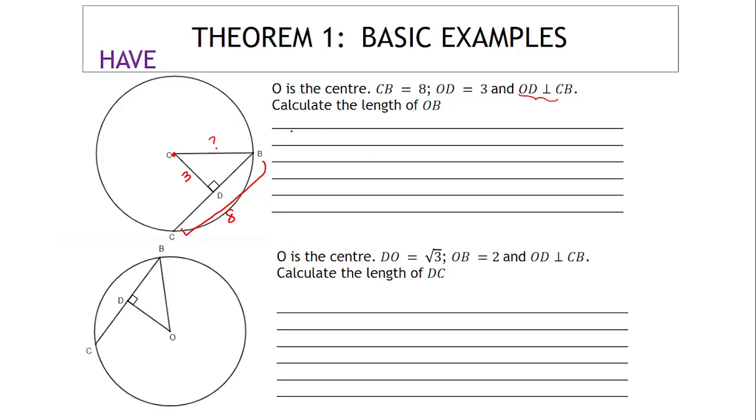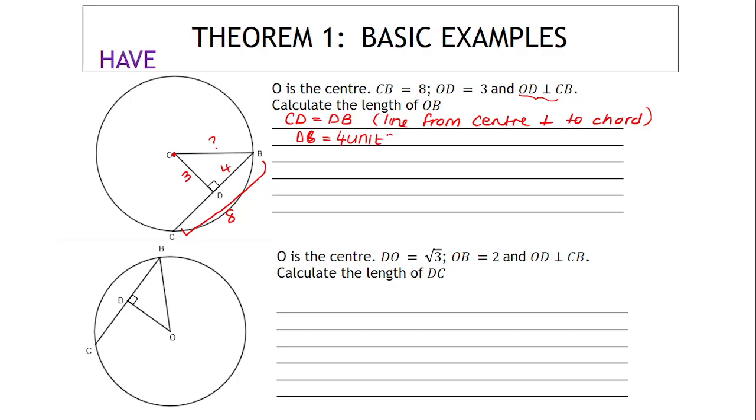Let's first start by stating that CD is equal to DB. What do I have? Line from center, perpendicular to chord. Therefore, this is going to be 4. So we know that DB is equal to 4 units.